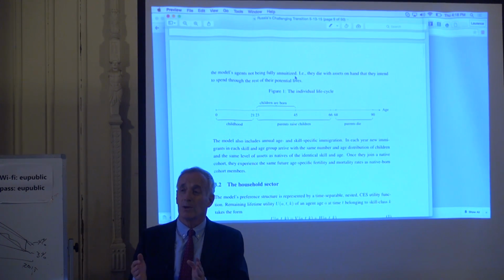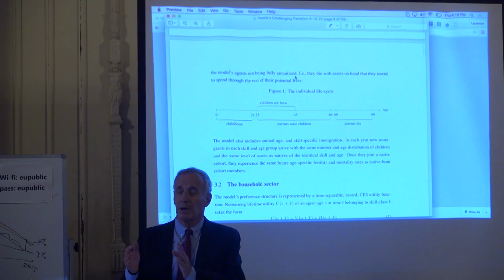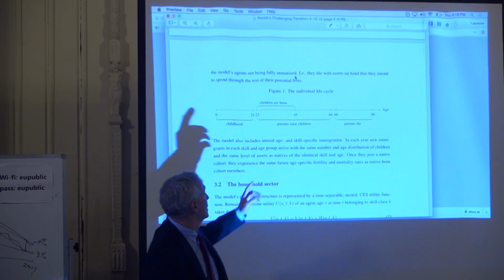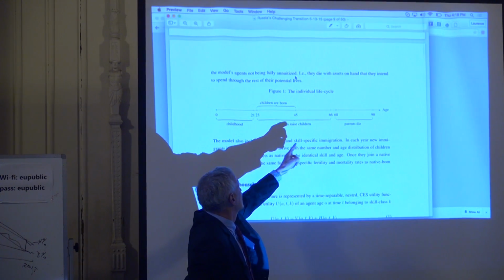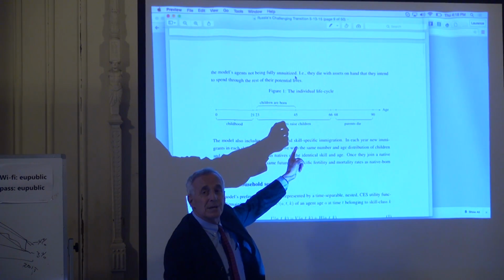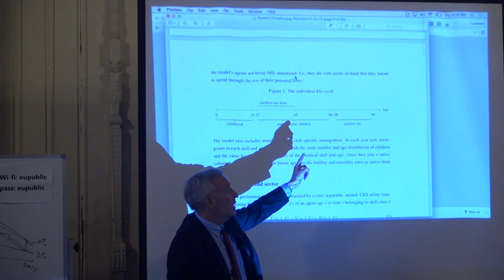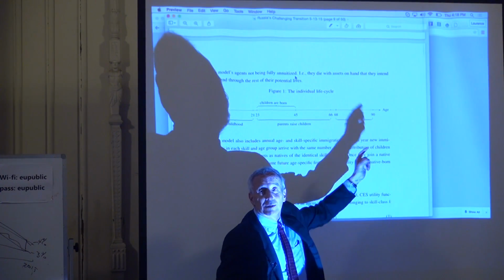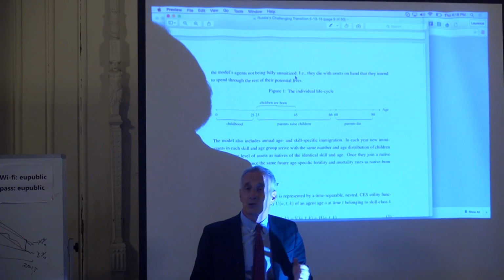Between 0 and 21, they're kids. So parents have utility for themselves and also for their kids when they're up through age 21. And so between 23 and 66, you have kids and raise them, and then you can start to die here at 68, and at 90 you're dead for sure.